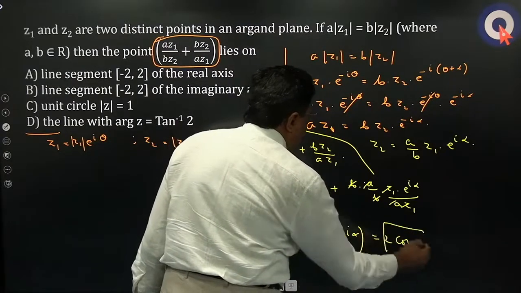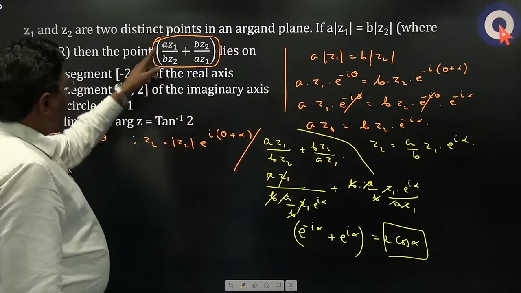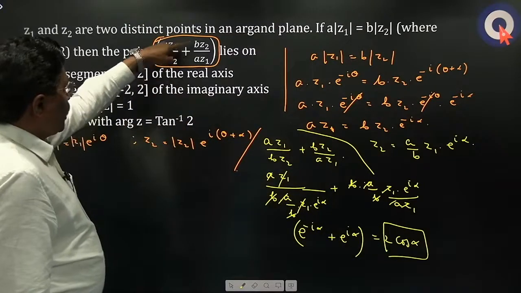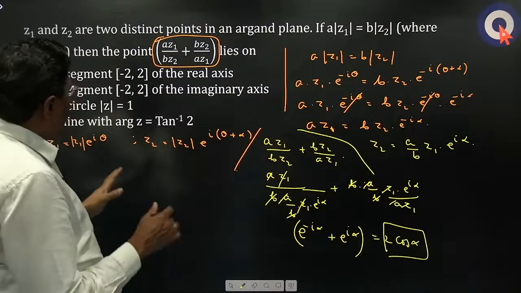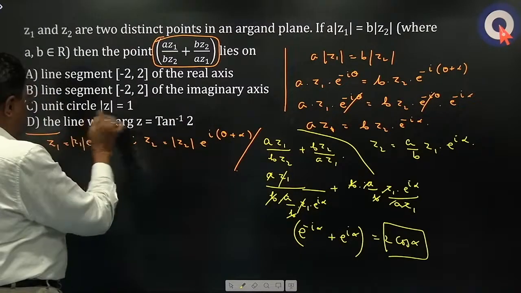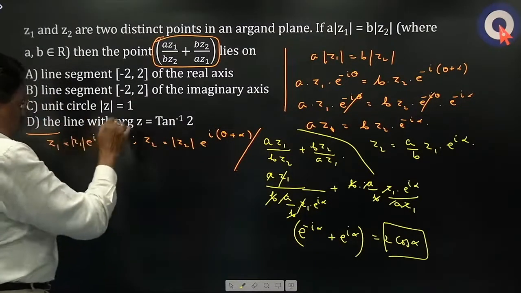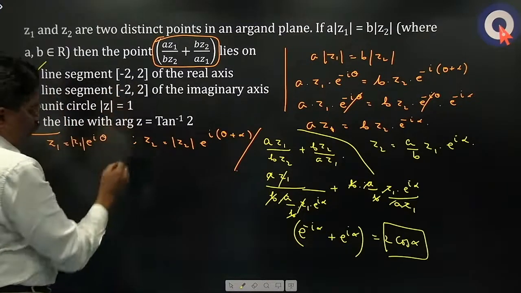So basically what you are getting is one purely real number. So A Z1 by B Z2 plus B Z2 by A Z1 is purely a real number. Therefore it has to be on the real axis. So this imaginary axis, this circle, all that is not there. First option only. Now we just check the minus 2 to plus 2 thing.